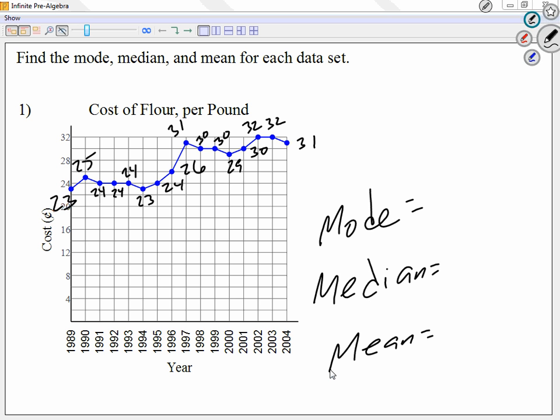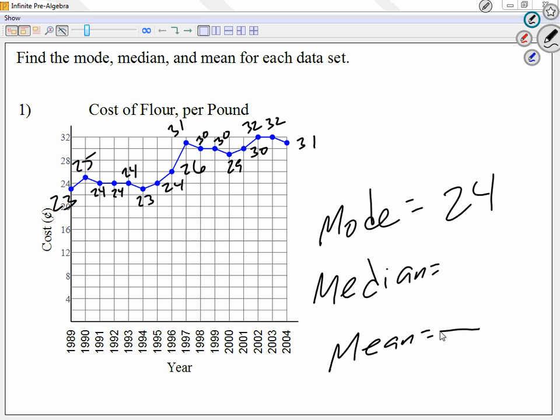So mode, we know it's the number that repeats the most. Which number is the one that repeats the most? 24, thank you. So mode is 24. The mean, let me calculate the mean. Let me add all the numbers. So I have 23 plus 25 plus 24 plus 24 plus 24 plus 23 plus 24 plus 26.